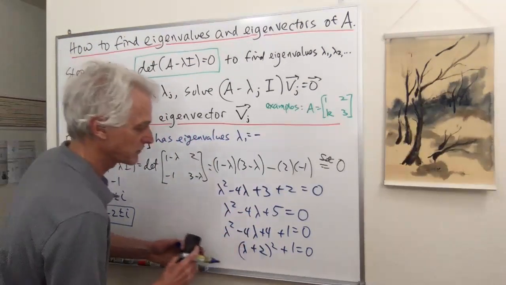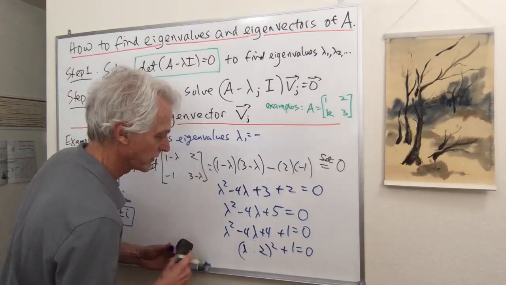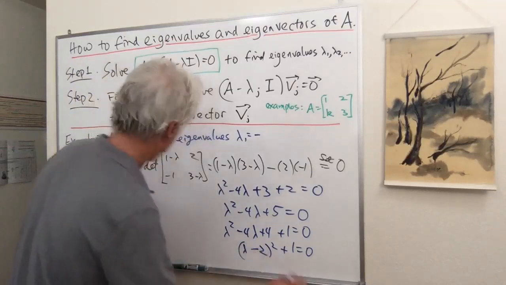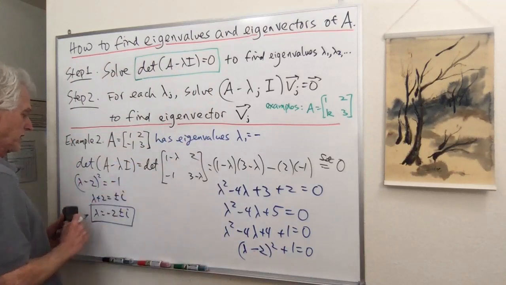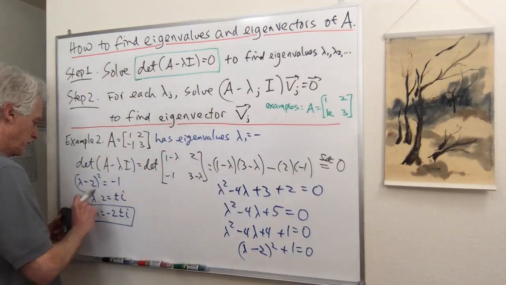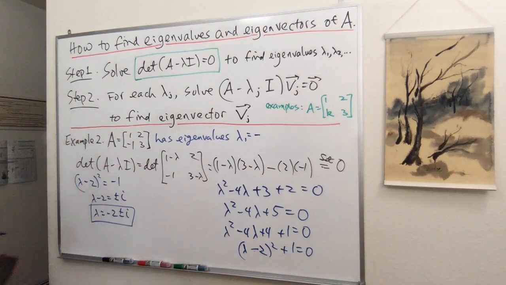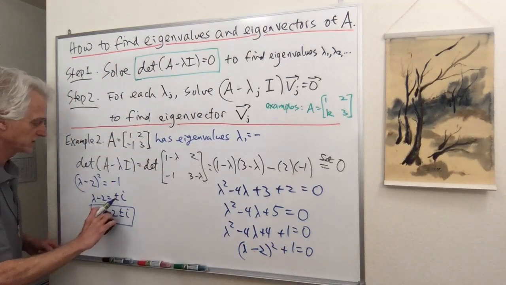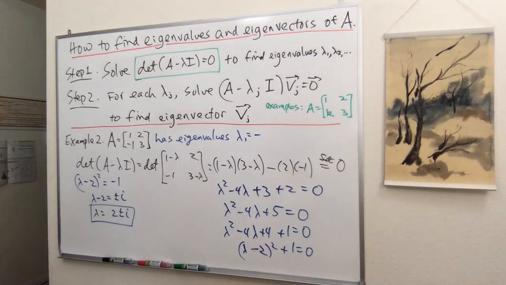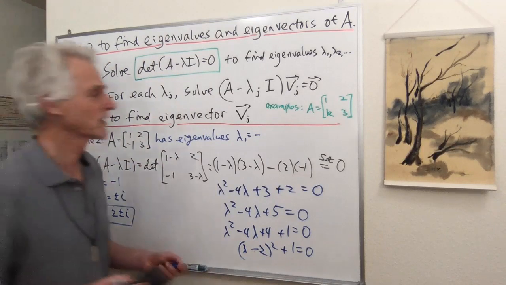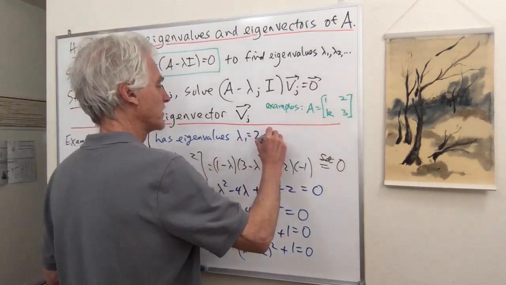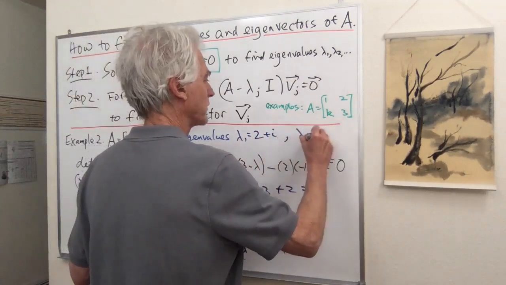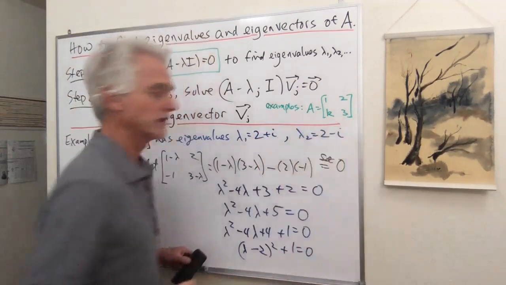That's lambda minus 2 squared. And that means lambda minus 2 is plus or minus I. So lambda is 2 plus or minus I. So you can use the quadratic formula if you want, but lambda 1 is 2 plus I and lambda 2 is 2 minus I.